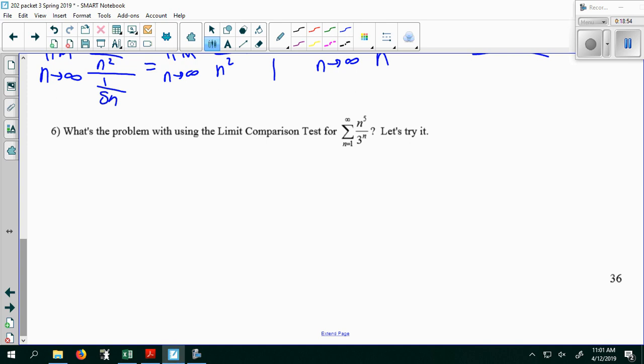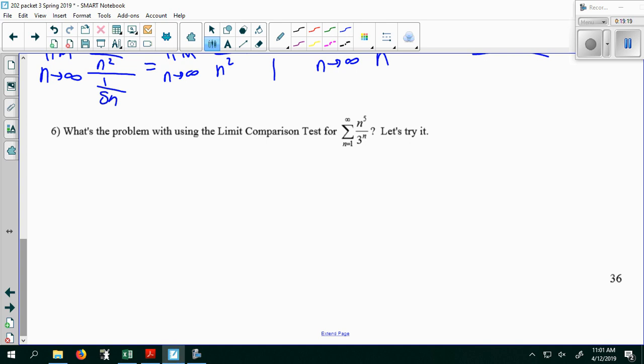You think it converges? That's a good thought, right? Because in terms of the numerator or the denominator dominating, an exponential is always going to grow faster than a polynomial. So eventually 3 to the n is going to be so much bigger than n to the 5th that it's going to be like the series 1 over 3 to the n.